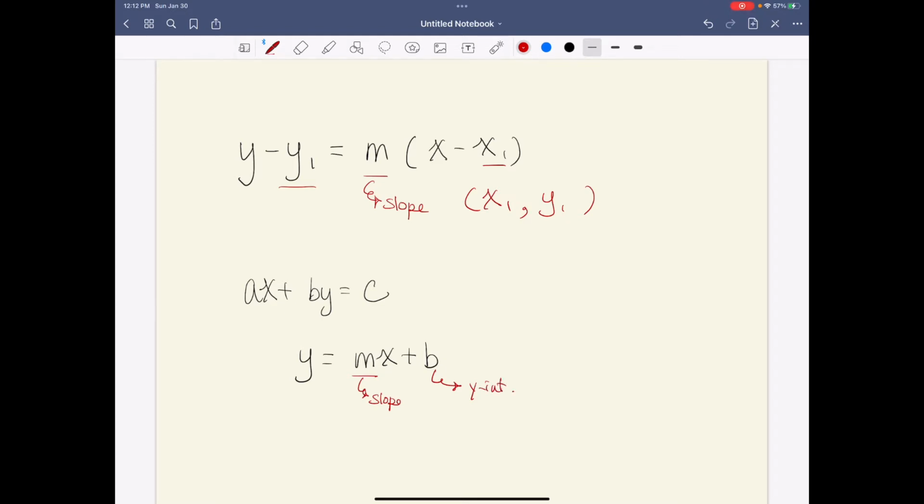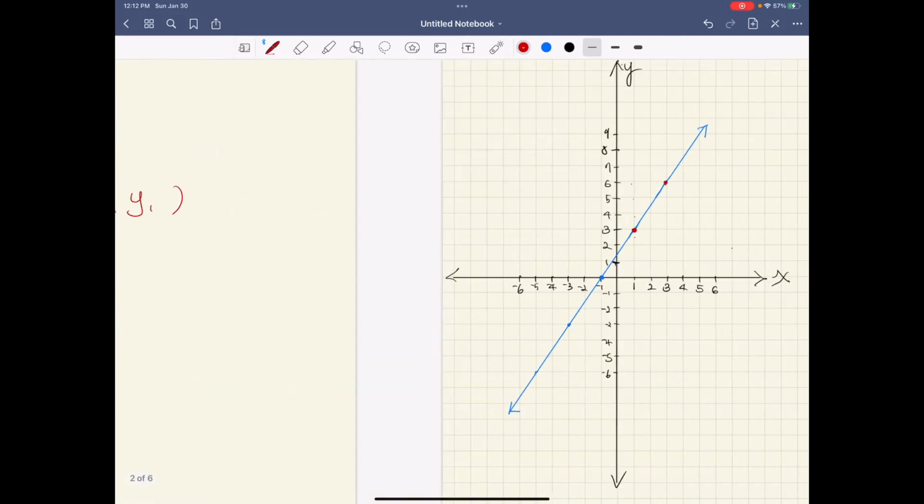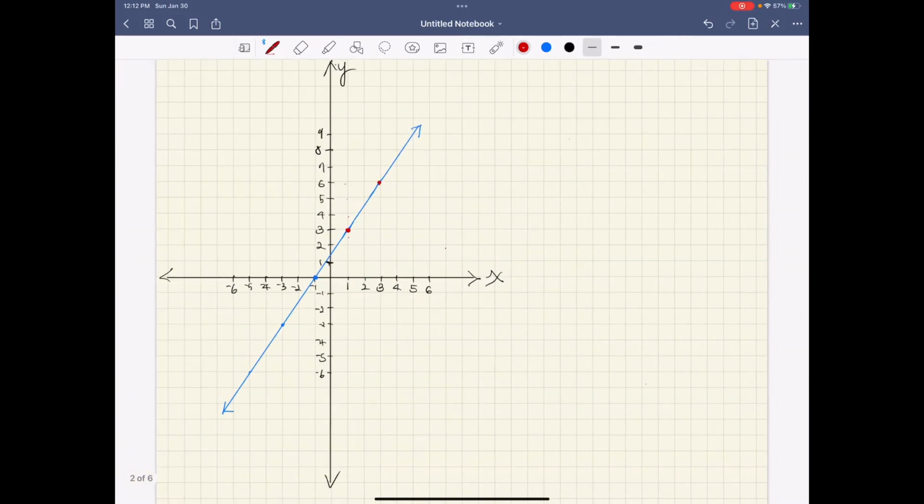Now, let's write into point slope form from a graph. If you have a linear like this, and you want to write into point slope form, first write what point slope form of linear is. Y minus y1 is equal to m times x minus x1. Find the slope first.